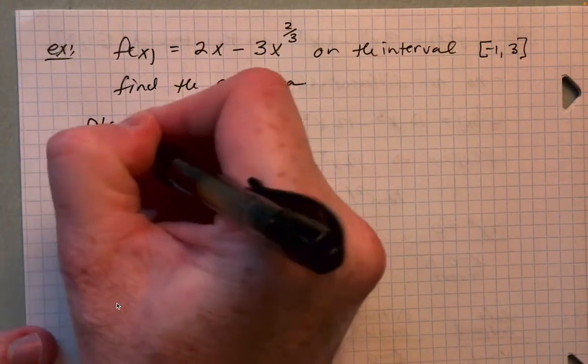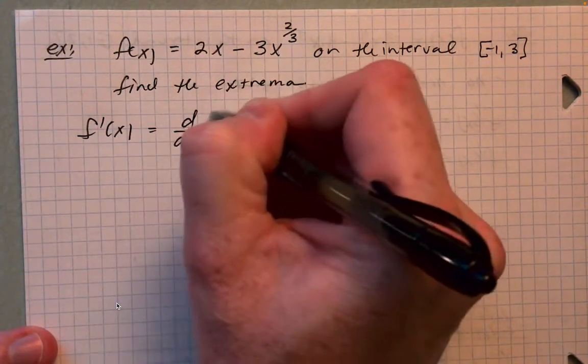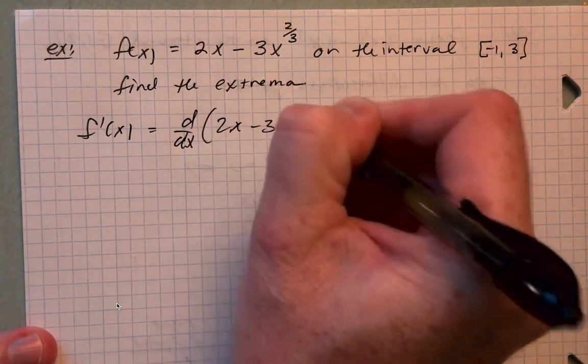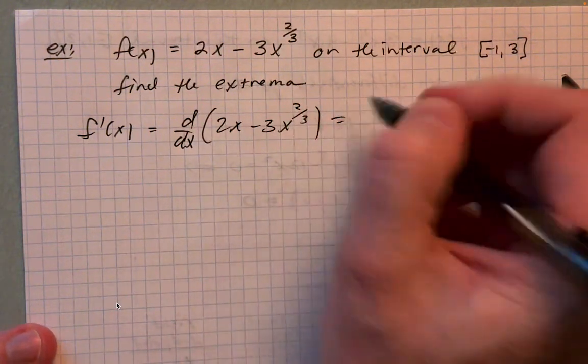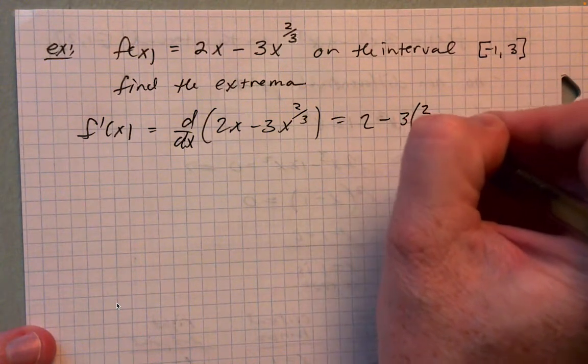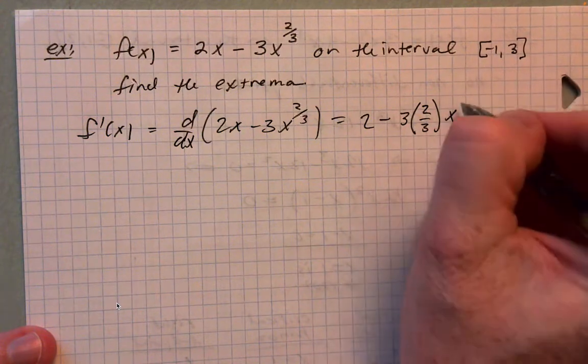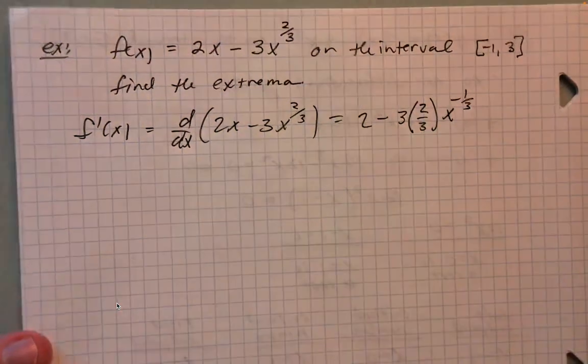So the derivative here is equal to d dx of 2x minus 3x to the 2/3 power, which is 2 minus 3 times 2/3 times x to the negative 1/3, like so.